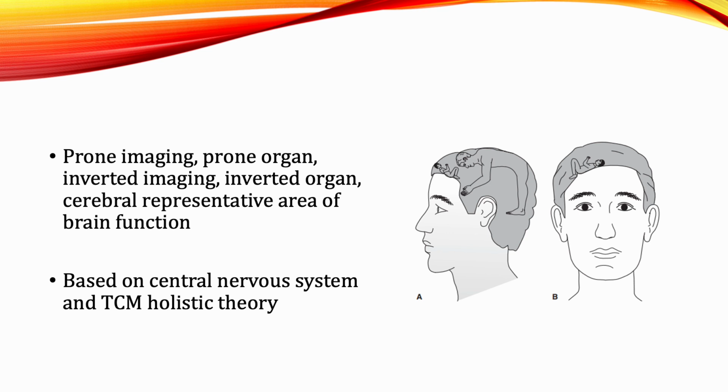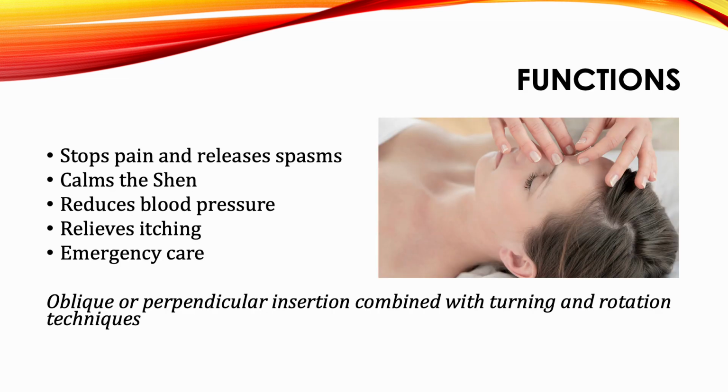This system mainly consists of prone imaging, prone organ, inverted imaging, and inverted organ, as well as the cerebral representative area of brain function. The scalp acupuncture point name is based on the central nervous system, as well as traditional Chinese medicine holistic theory.